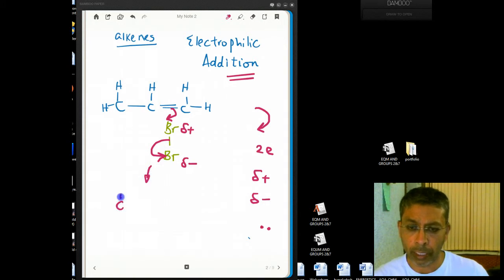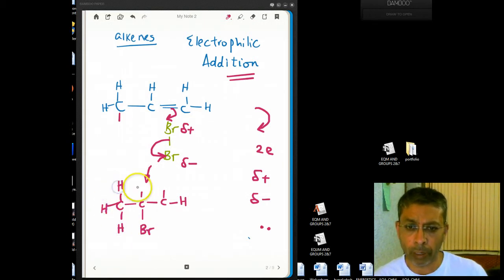We get an intermediate first. Oh, there should be another hydrogen there. Alright, intermediate first of all, where one of the bromines has added. Now you can add anywhere, makes no difference. I think here when we add HBr it will make a difference. I'll explain when we get there.